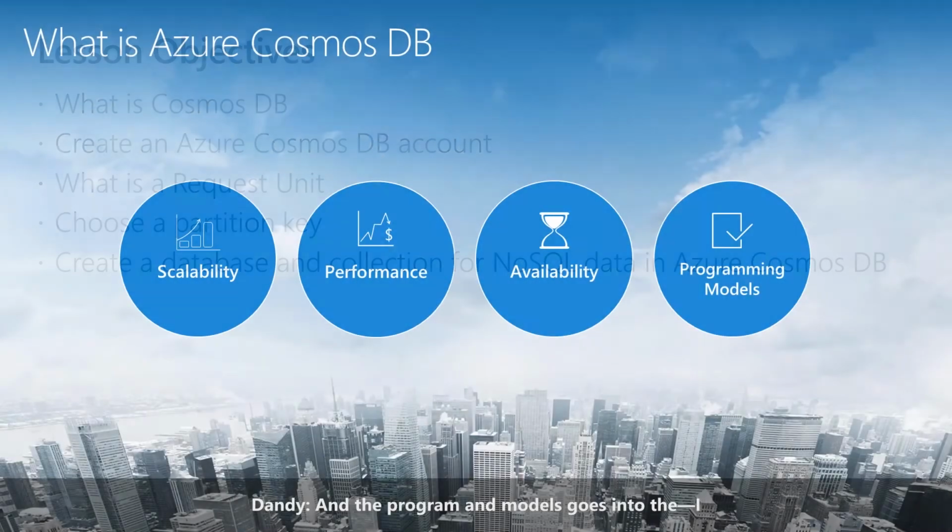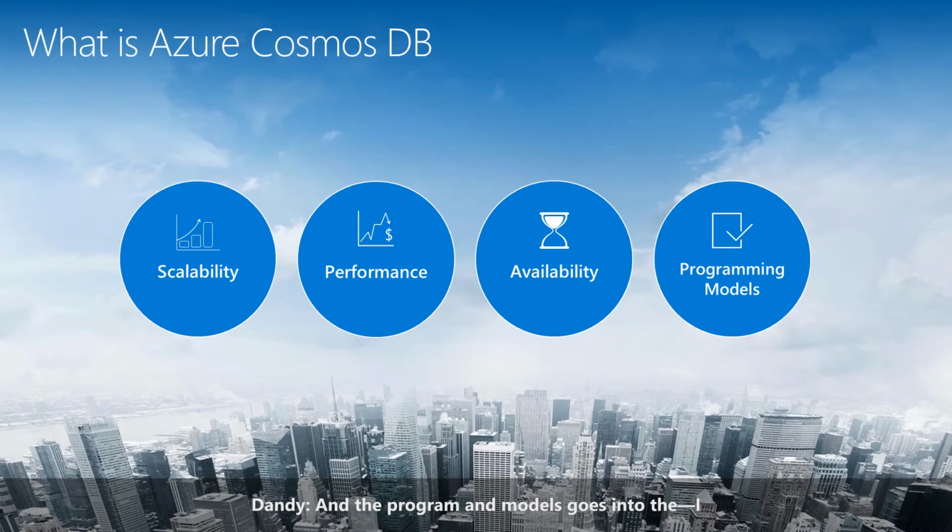Okay. Then the programming models goes into the APIs? Yeah, we understand the what is, with a focus on scale, performance, availability. What you need to clearly articulate is that Azure Cosmos DB can support a number of different APIs.